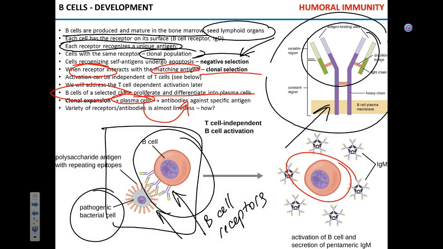So this is the whole story. When a certain clone of B cells recognizes the antigen, this clone, and only this clone, starts to expand. That recognition is clonal selection. Then, when it starts to expand, we call it, no wonder, clonal expansion. And during clonal expansion, B cells differentiate into plasma cells.